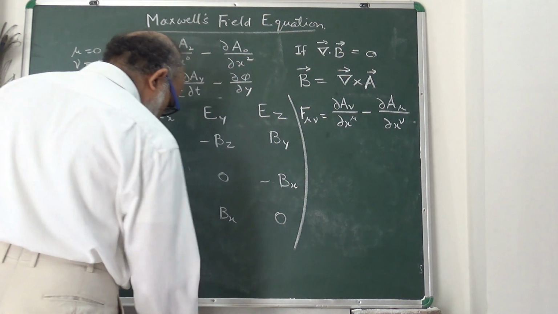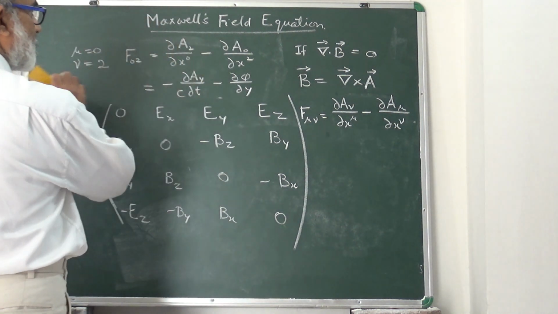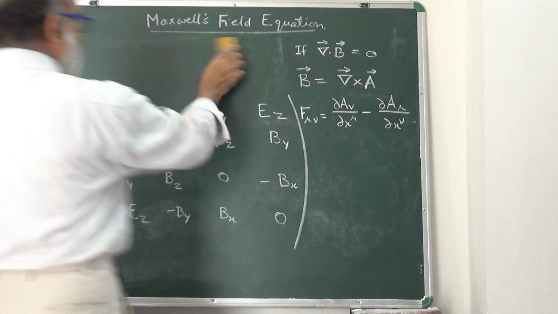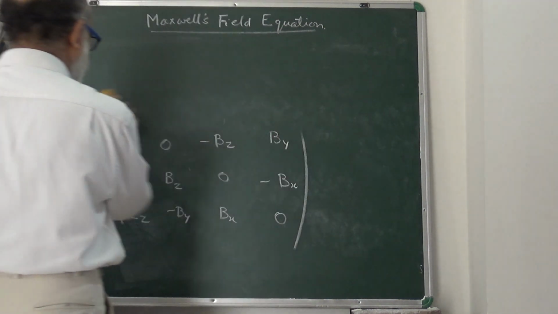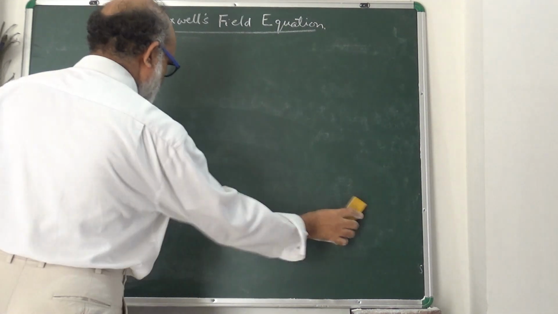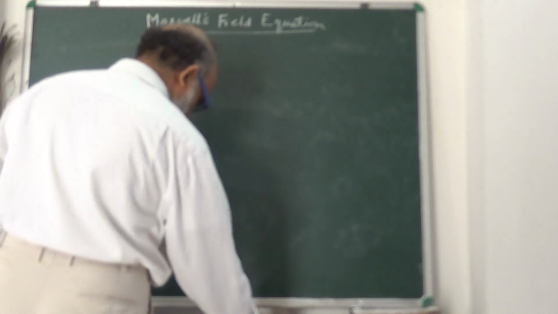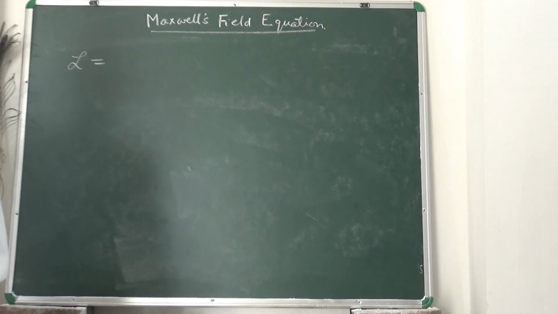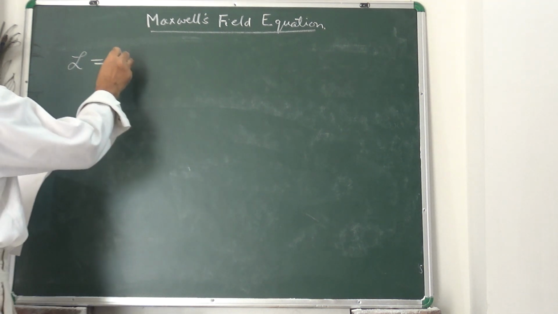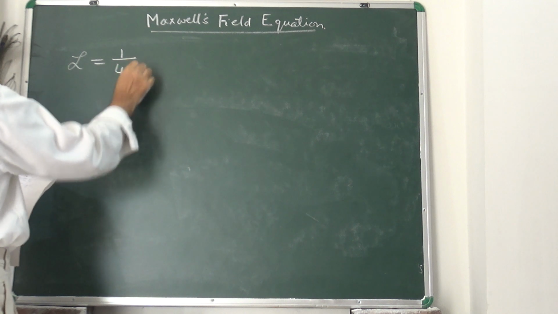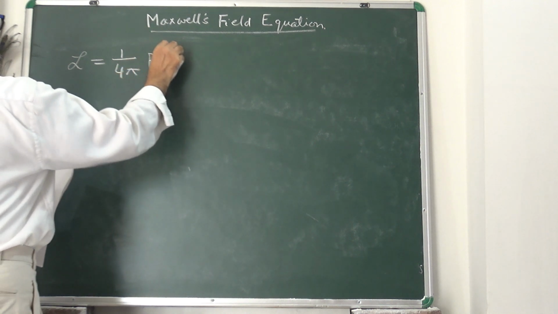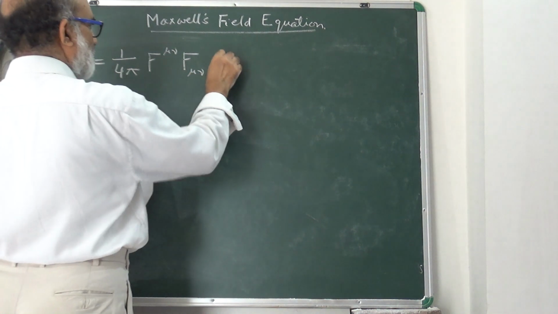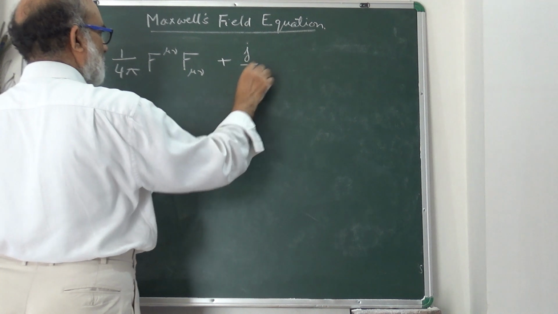So, the Lagrangian for the electromagnetic Maxwell's field equation. The Lagrangian density for this field equation will be equal to minus 1 by 16 pi F mu nu F mu nu plus j by c j mu.